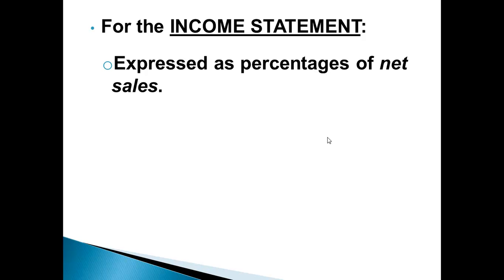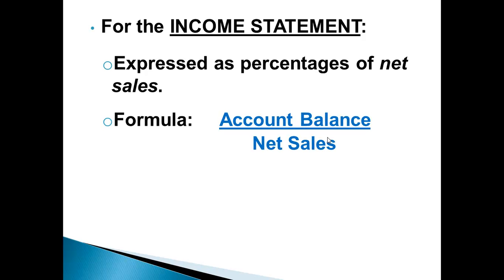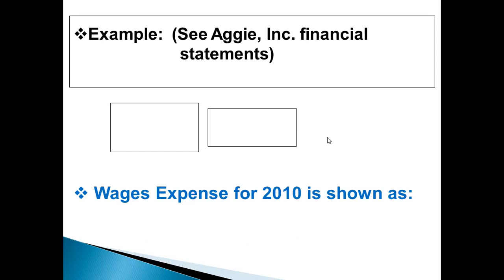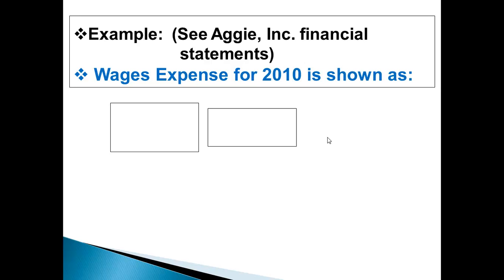Now for the income statement, you will express all items as a percentage of net sales. So your formula is the account balance for each account on the income statement divided by net sales. So if we look at Aggie Inc. financial statements and choose wages expense, we will see that wages expense was $27,000 in 2010 and sales were $95,000.